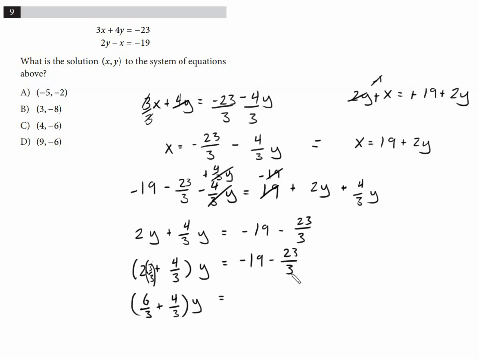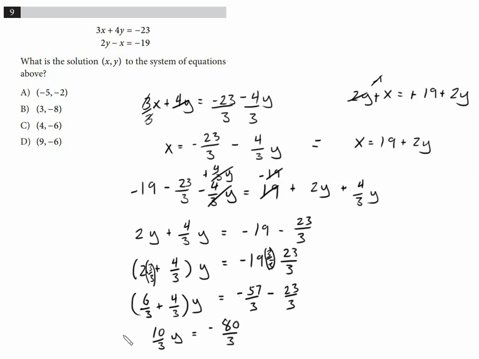And on this side, because the denominator here is also 3, I'm going to multiply 19 by 3 over 3, and I'm going to get negative 57 over 3 minus 23 over 3. So this becomes 10/3 y equals minus 80 over 3.